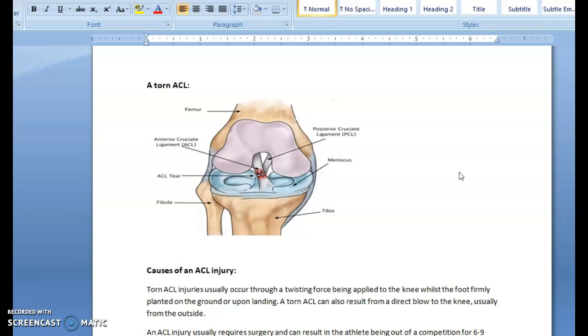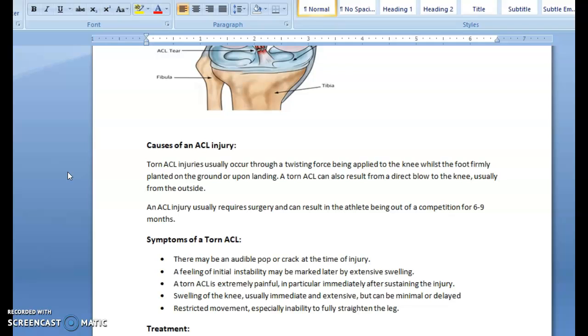Here is a torn ACL, and if we look carefully at the image, we can see the red part, and this red part here is where the ACL is torn.